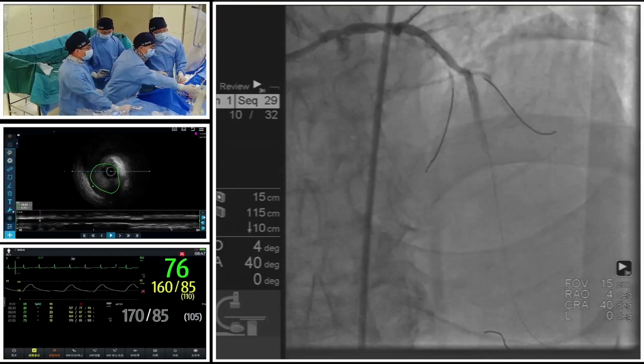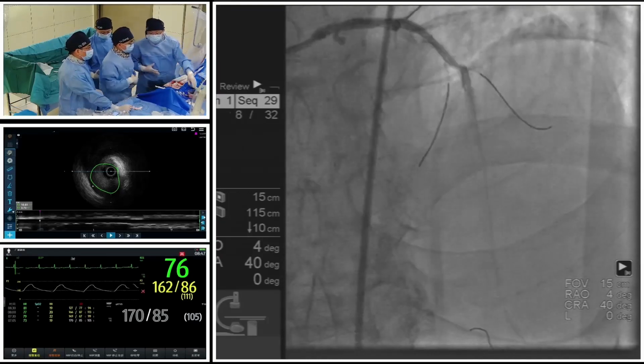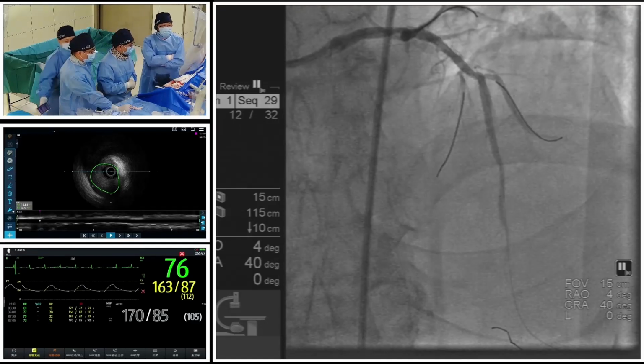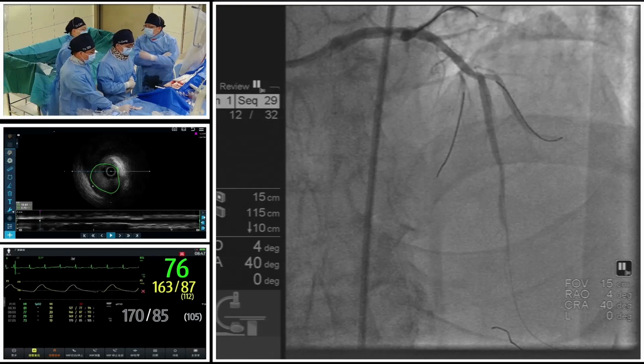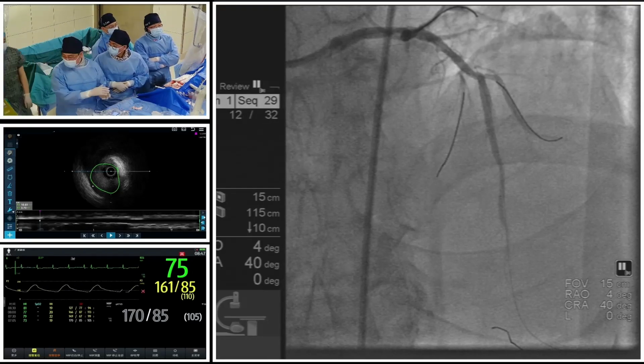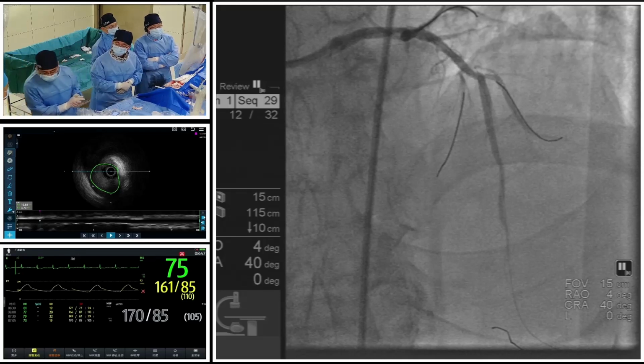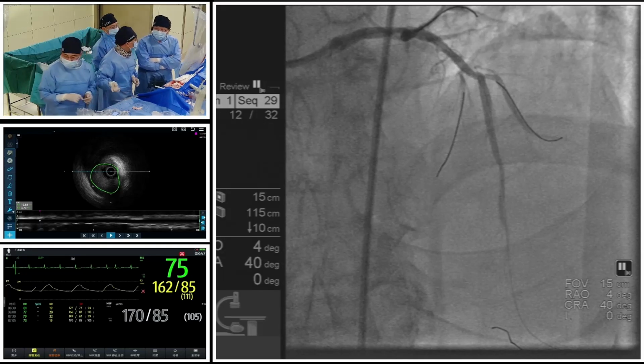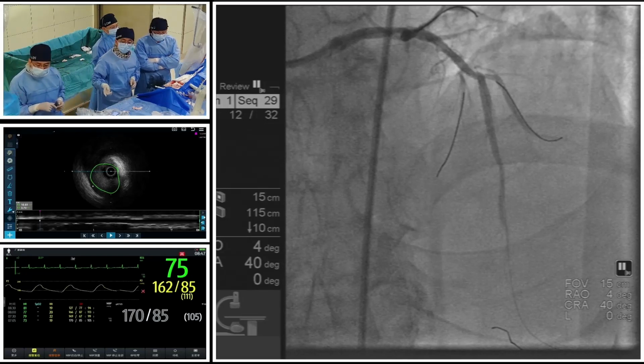Yes. So why didn't we use a pre-dilation balloon to dilate? Because I think we already use the IVL system. Okay, post dilation balloon, please.